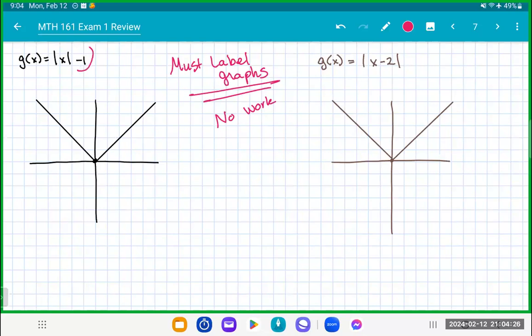What you could say here is you could circle this and say down 1 unit, right? That could be the work that you show, and then you just move everything down 1 unit. So all of this stuff gets moved down 1 unit, down 1 unit, down 1 unit. And that transformation is graphed.